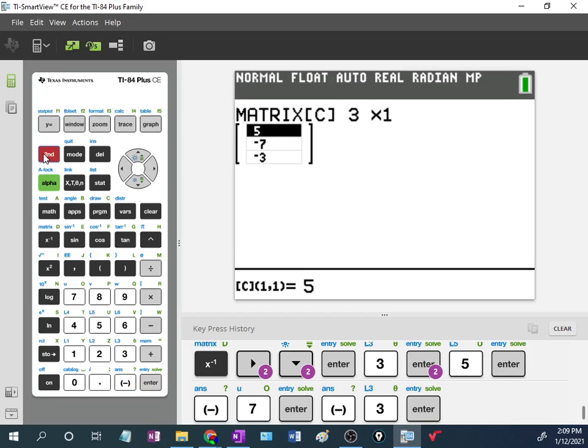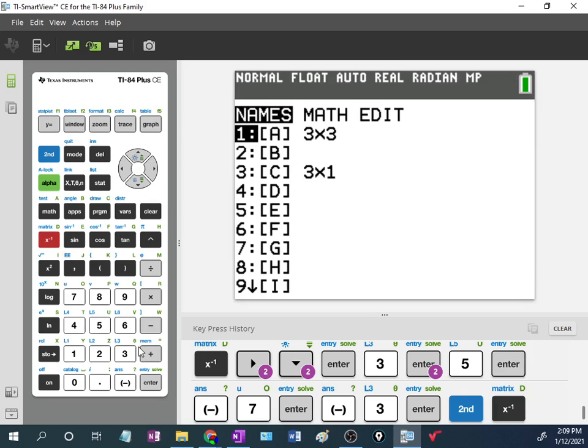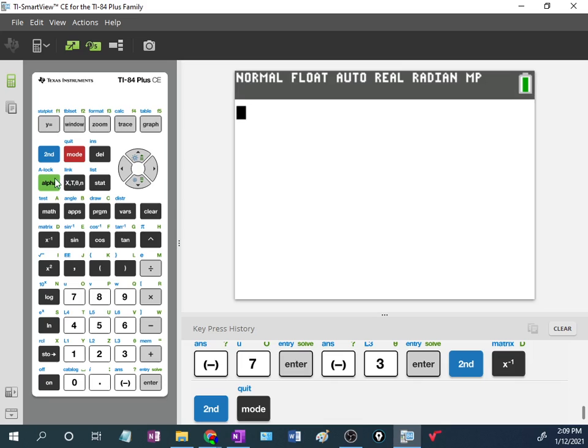So I have my A and C like that, and let me see. A, 3 by 3, C, 3 by 1. I left blank for B because B is my variable matrix. That's what I'm looking for, okay? So second quit on the calculation mode, what I need to type is the formula.